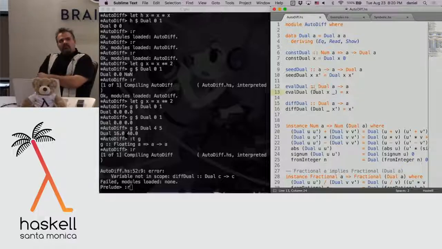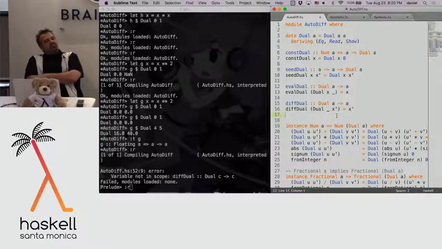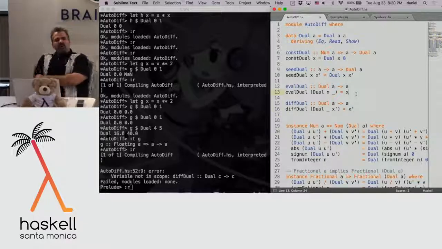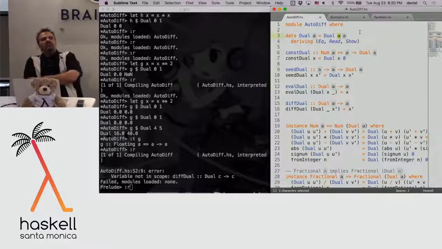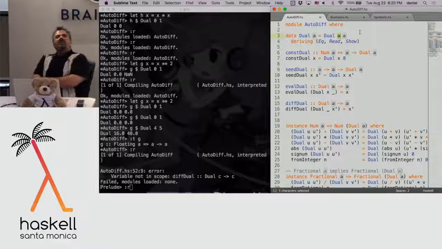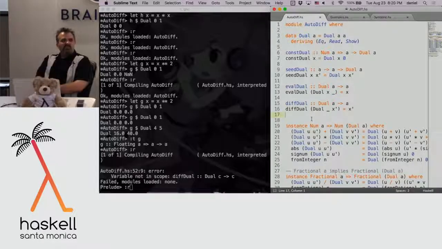Eval dual reads the first datum, and diff dual reads the second. The idea behind the names here is, remember what this dual is keeping track of. The first datum here is the value of the function. The second one here is the value of its derivative. So that's behind the names. But really, if you wrote a pair and you wanted getters and setters, this is probably how you would write them.